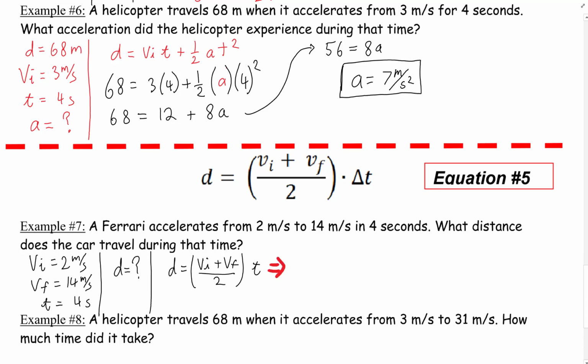So filling in the numbers, I get d is equal to 2 plus 14 all over 2 times 4. And that's going to be 16 over 2 times 4. That's just going to give us d equals 32 meters. 8 times 4.